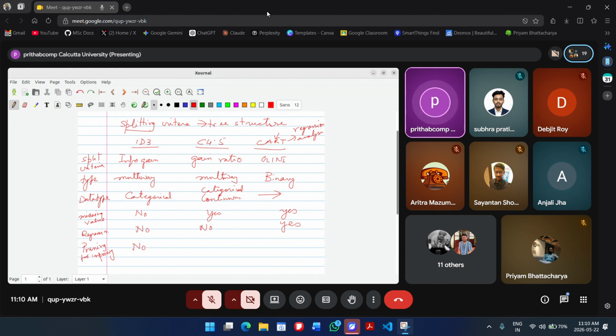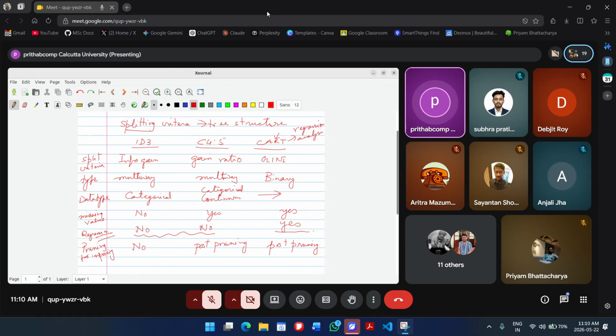In ID3 you cannot use any kind of pruning, but in C4.5 you can do some kind of post pruning after building the tree, and in CART also you can do post pruning in order to make the tree smaller. As I have said, the first two are used only for classification, but CART can also be used for regression.